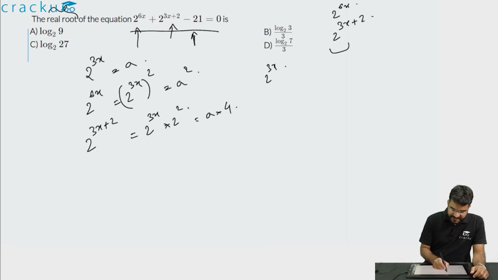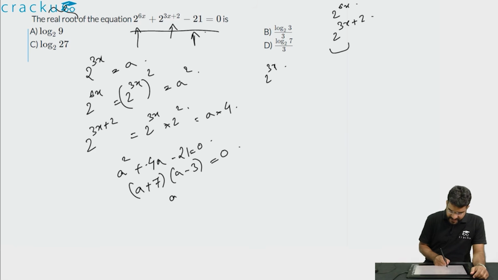So the given equation becomes a squared plus 4a minus 21 equals 0. Now a squared plus 4a minus 21 can be factored as (a plus 7) into (a minus 3). This equals 0, so a will equal either minus 7 or 3.